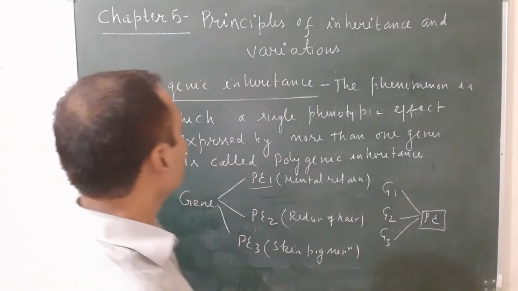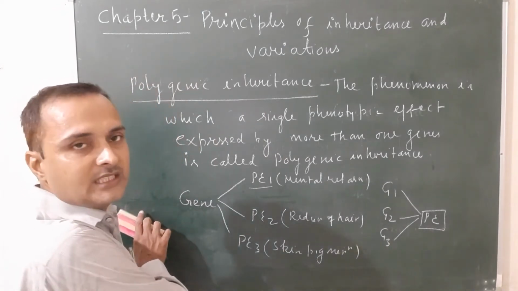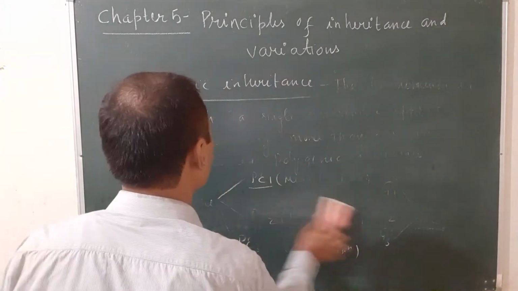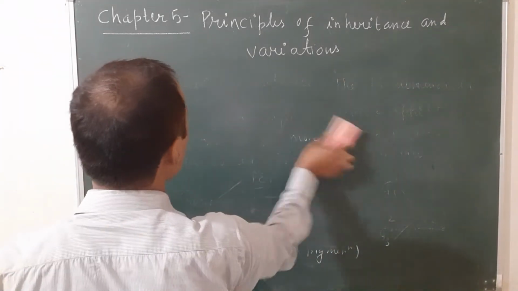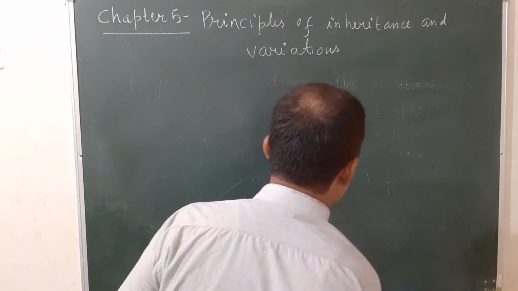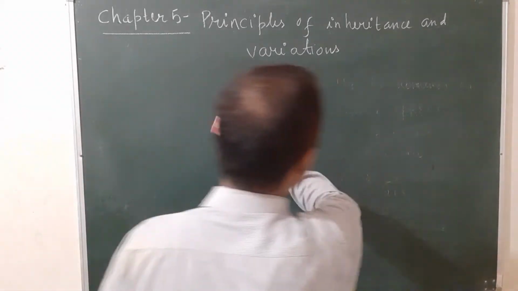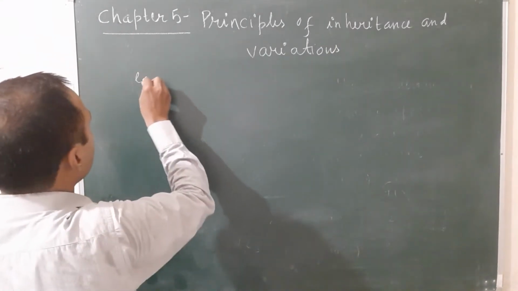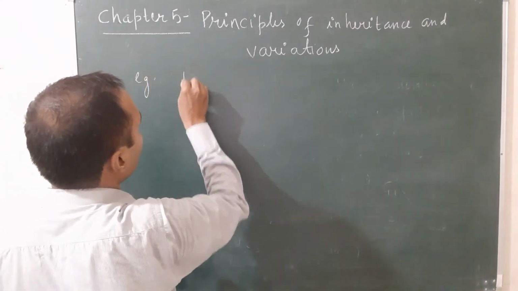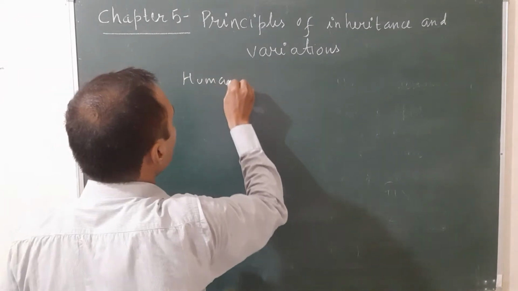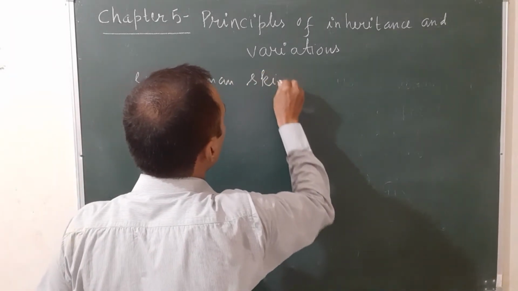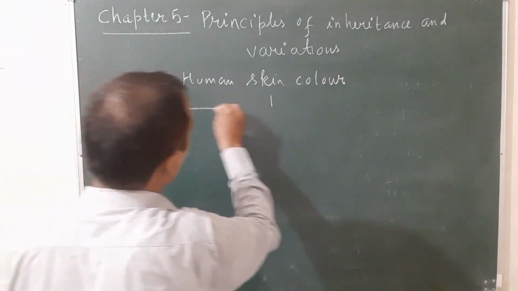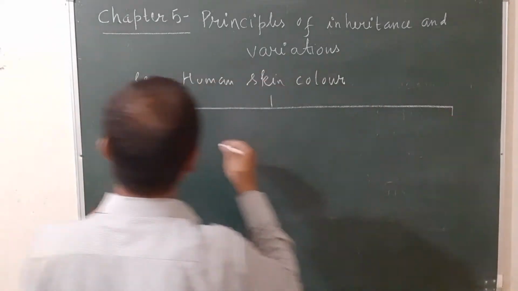So let us see the example of polygenic inheritance in humans. The best example is human skin color. In humans, there are 5 phenotypes available on the basis of human skin color. So there are 5 types of phenotypes found in human skin color.